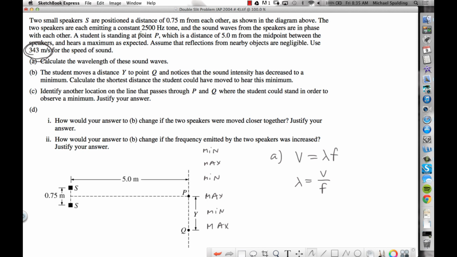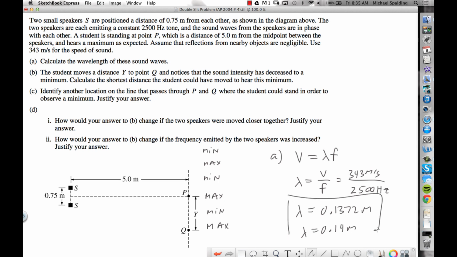They give us the frequency right there. So we're going to go 343 meters per second divided by 2,500 hertz. And then this gives us the wavelength, which is 0.1372 meters. You could just round that to 0.14. That's fine. Okay, so that's the wavelength of these sound waves.